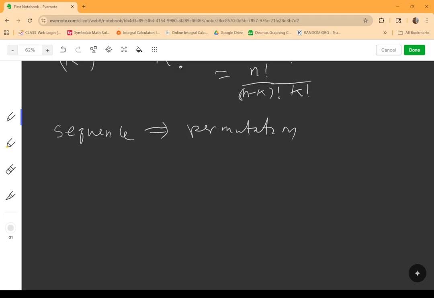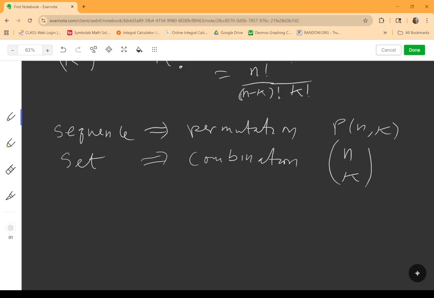The place that you put these objects matters. But if you think of more of a set, where you're just gathering these objects, then that's more of the combination. So this P(n,k), a combination is n choose k.